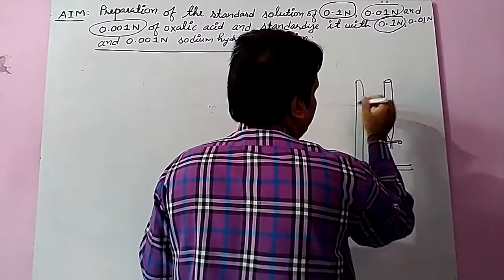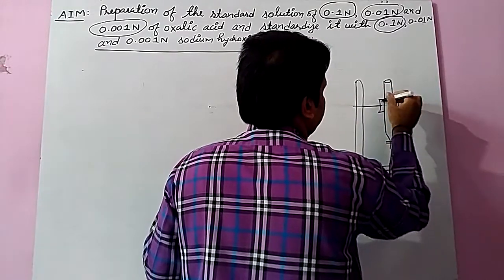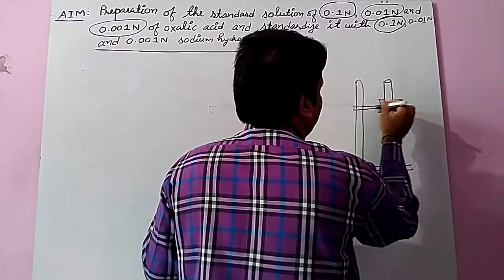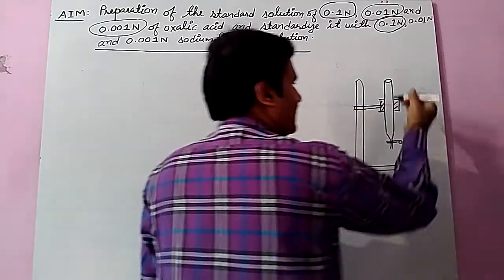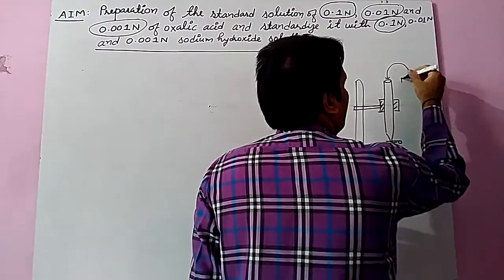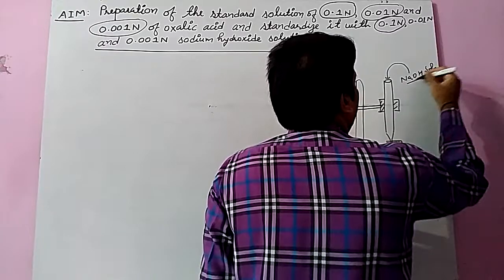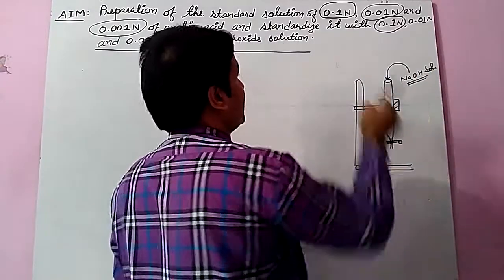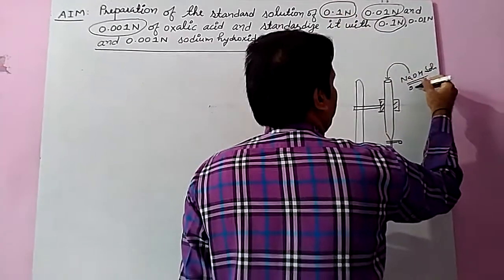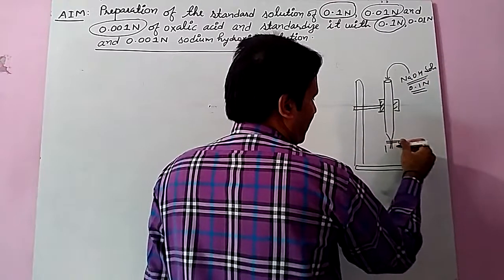Wash 2-3 times with water. It has the proper clamp. In this burette, fill the standardized sodium hydroxide solution, that is 0.1N. And here take a conical flask.